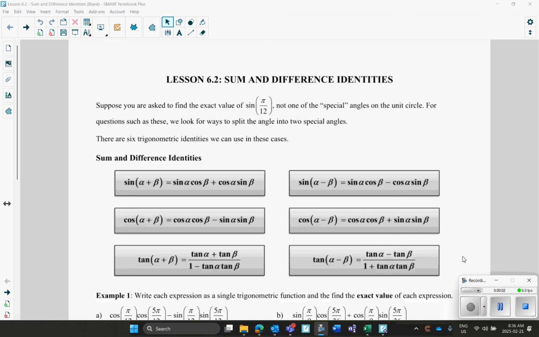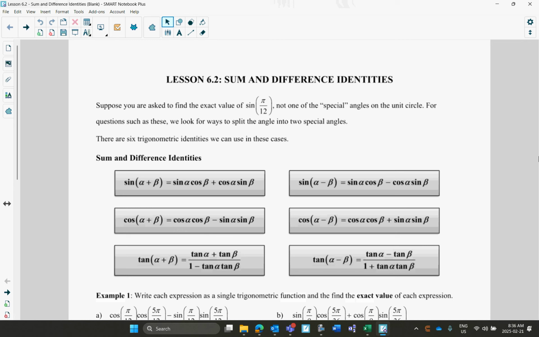So moving on with different trig identities, because there's a whole bunch of them. In the last lesson, we talked about reciprocal identities, as in cosine is 1 over secant, or secant is 1 over cos, and then the other two as well.